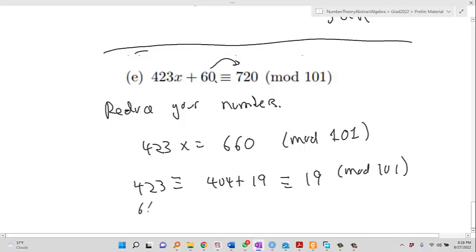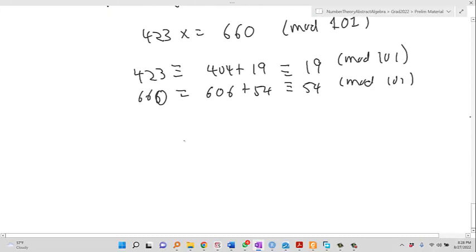And what about 660? 660 is going to be 606 plus 54, right? So that's equivalent to 54 mod 101. All right, so to solve this equation, what you want is 19x is equivalent to 54 mod 101.